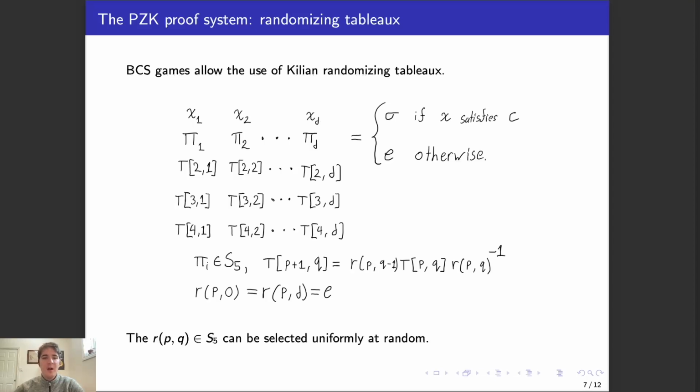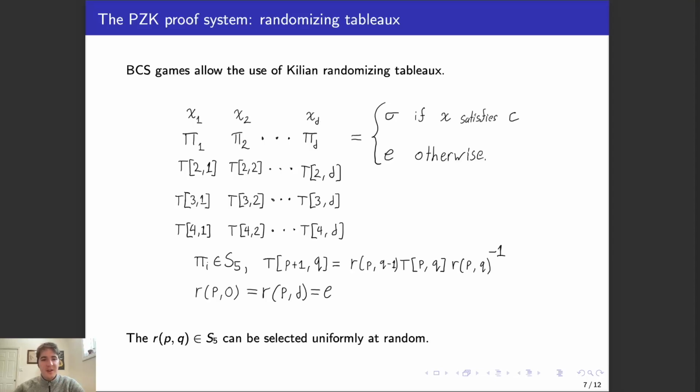The first row of the Kilian randomizing tableau, denoted by π_1 up to π_d, is called a permutation branching program, which is a way of generating permutation-valued variables π_1 up to π_d. Here, they're variables in S5, generated from the assignment to the original variables in the Boolean constraint.